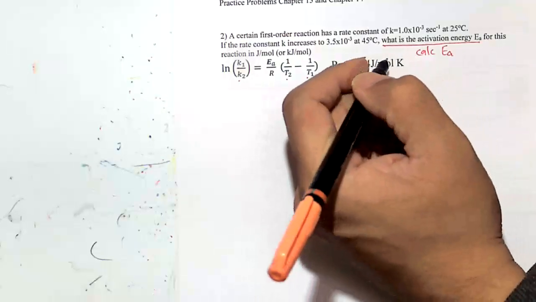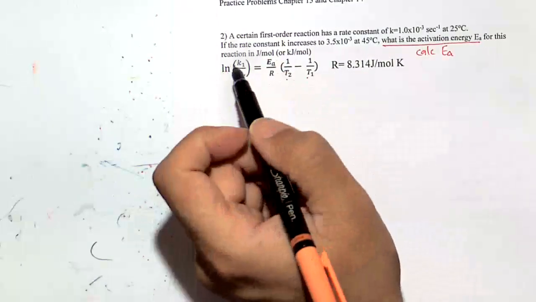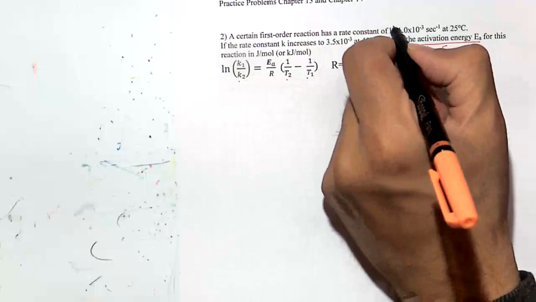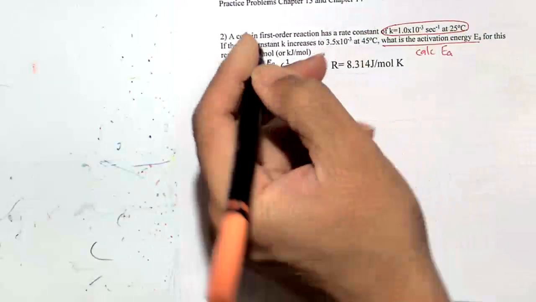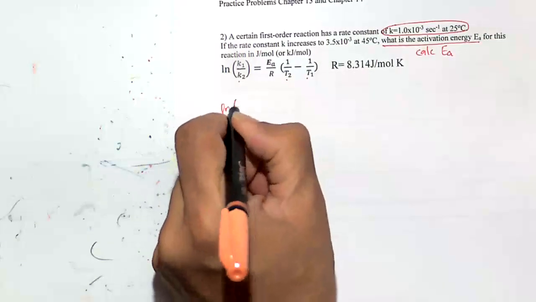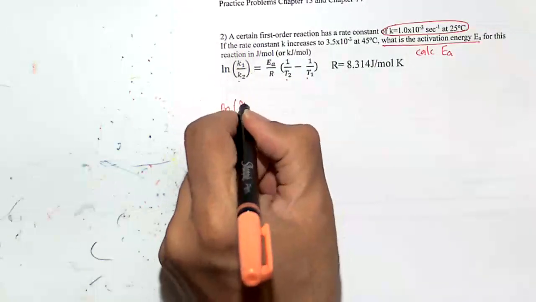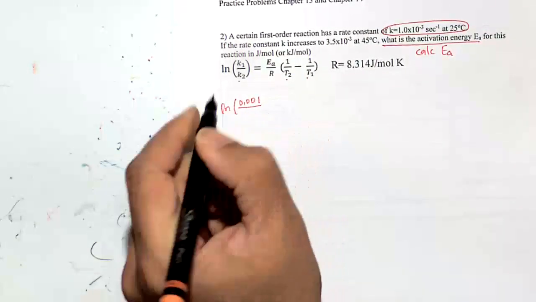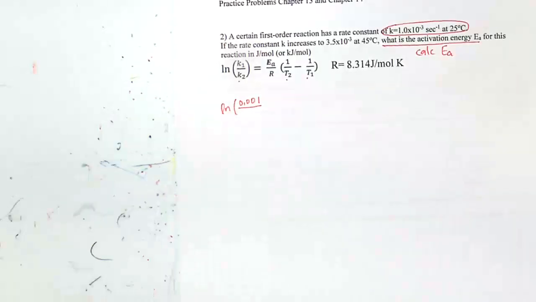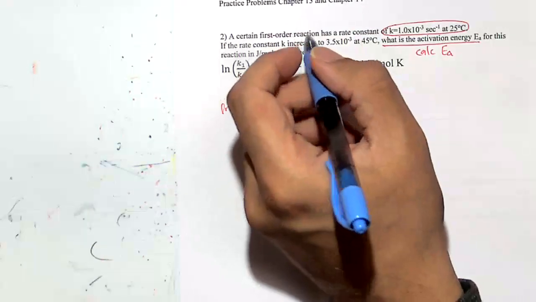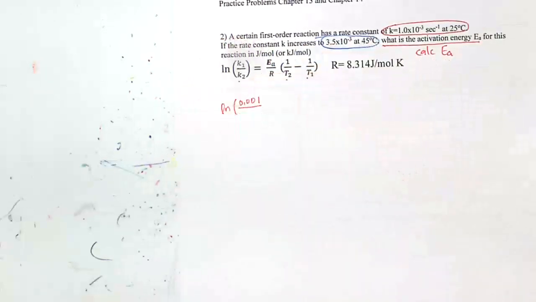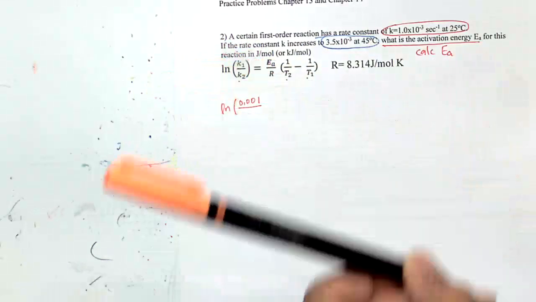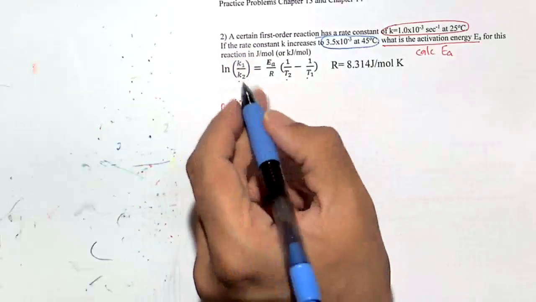I think you guys did this in one of the lab reports. So K1 is 1 times 10 to the minus 3 at 25 degrees, so it's going to be 0.001. K2 is 3.5 times 10 to the minus 3 at 45 degrees, so they raised the temperature from 25 to 45.